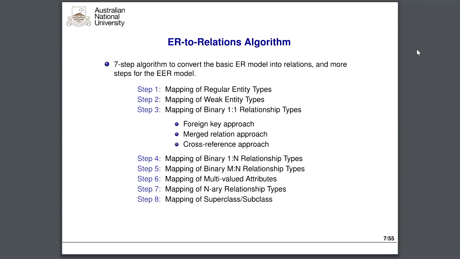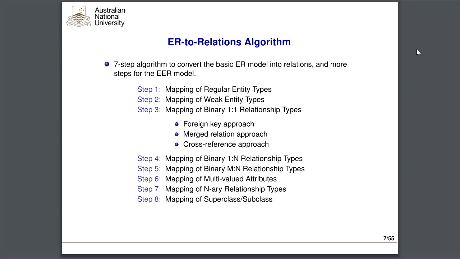There are 7 steps, and you may question it, because we also have this step 8. Step 8 is here for the case where we have subclasses or superclasses, because sometimes these are not needed in your ER diagram.